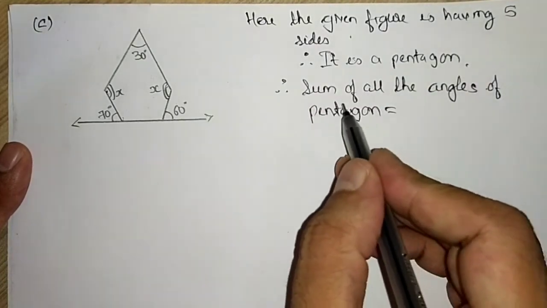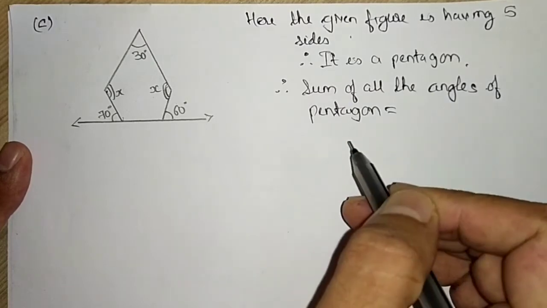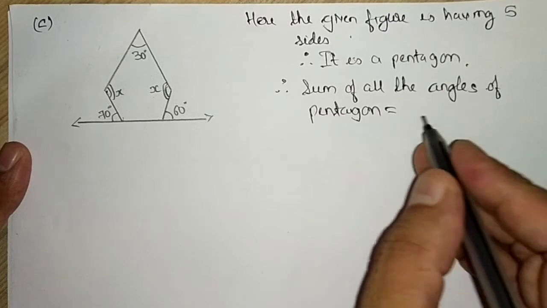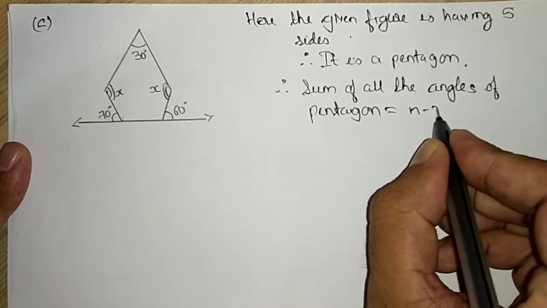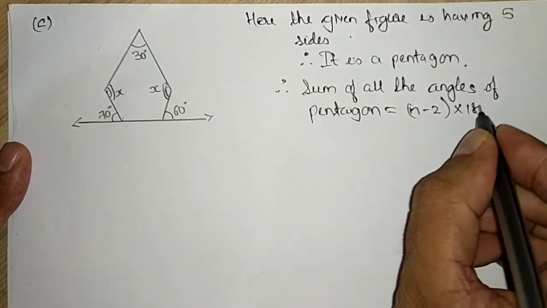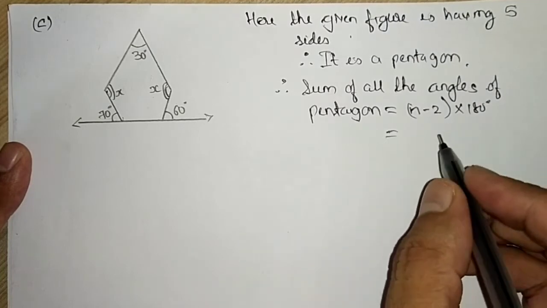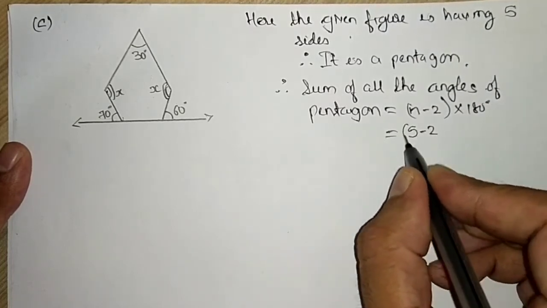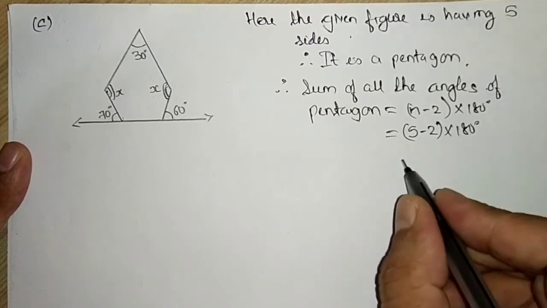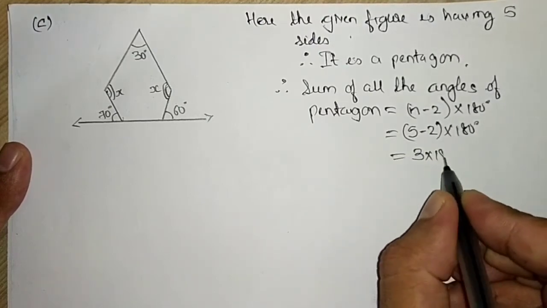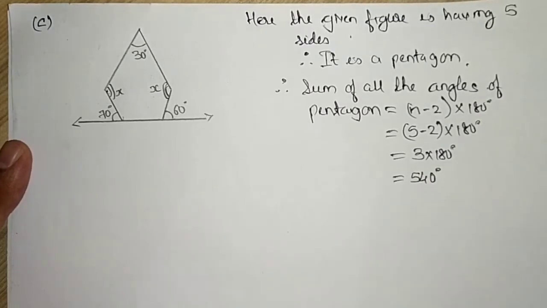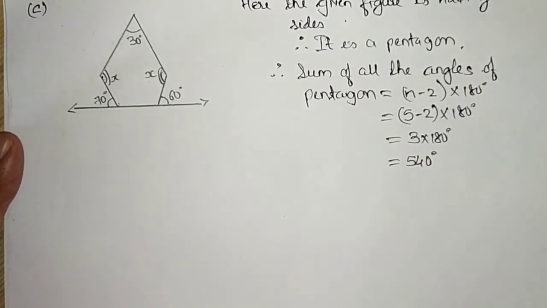And the sum of all the angles of a pentagon, if we have to find the sum of angles of any figure, what is the formula? It is (n minus 2) into 180 degrees. And n here is 5, so (5 minus 2) into 180 degrees. So it will be 3 into 180 degrees. So the angle sum property of a pentagon gives 540.